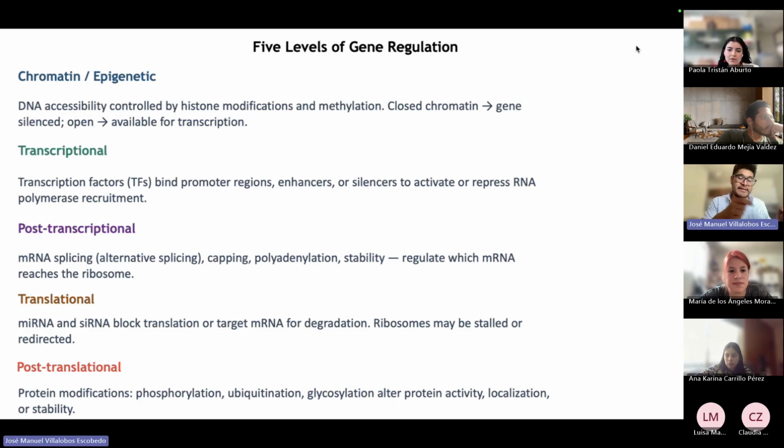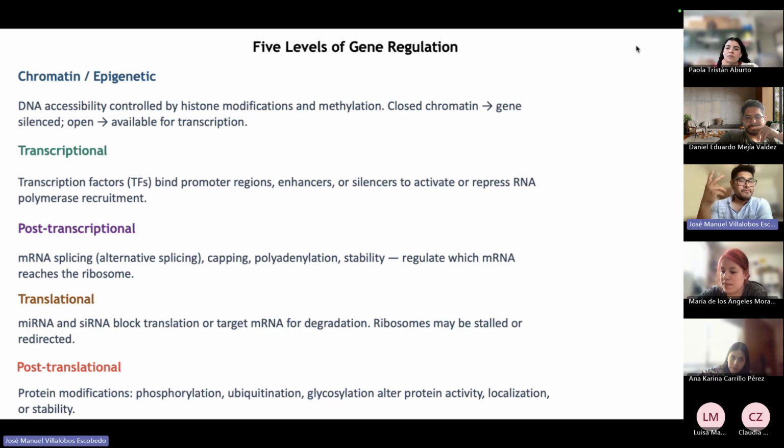For example, if you have methylation, what is the effect of the methylation? I don't know if I'm remembering well, but I believe that it makes the DNA more compact. Exactly. It's close, because there are probably two kinds of methylation, or two kinds of modification in the chromatin, in the histones or in the cytosine base.